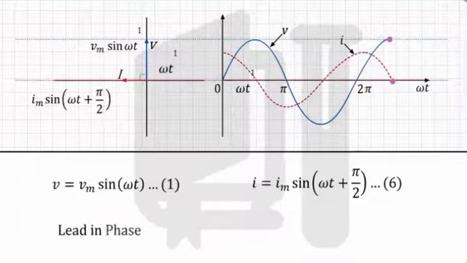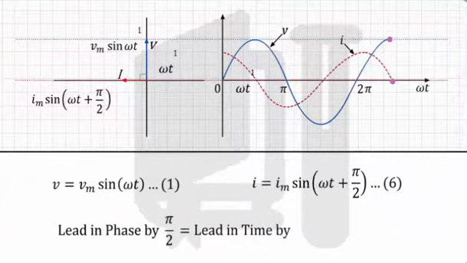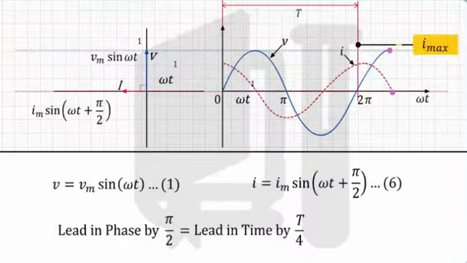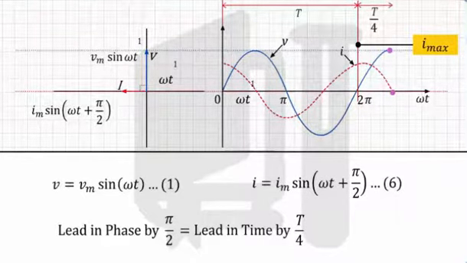This lead in phase by pi by 2 units is equivalent to a lead in time by 1/4 of the time period T. Another thing to note is that the maximum value of the current in the circuit is achieved exactly 1/4 of the time period of every cycle before the maximum value of voltage is achieved.